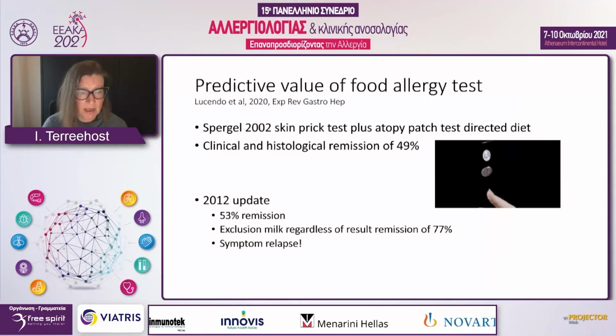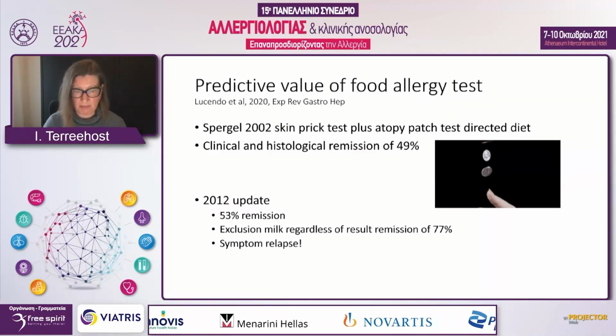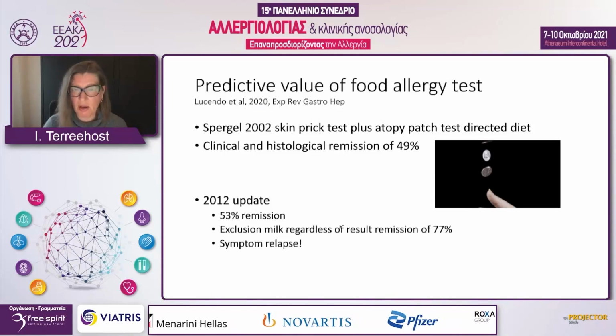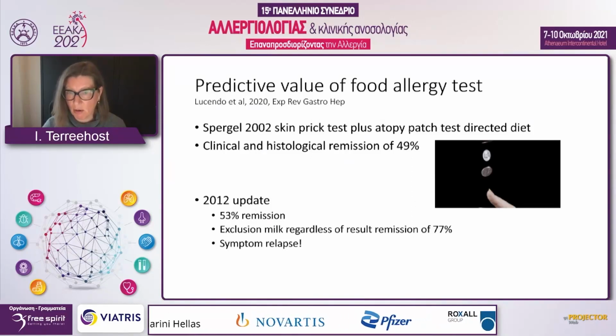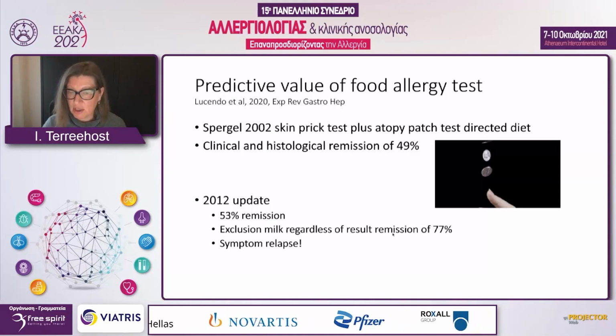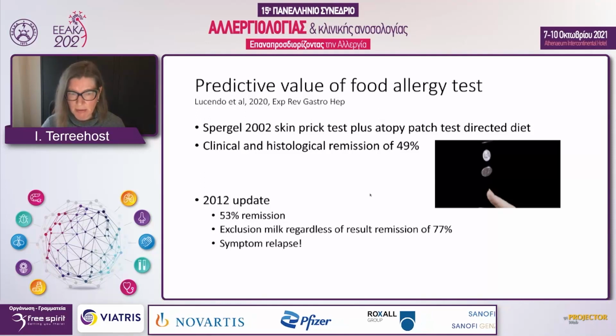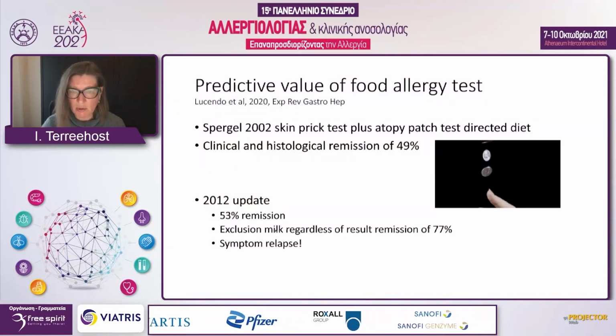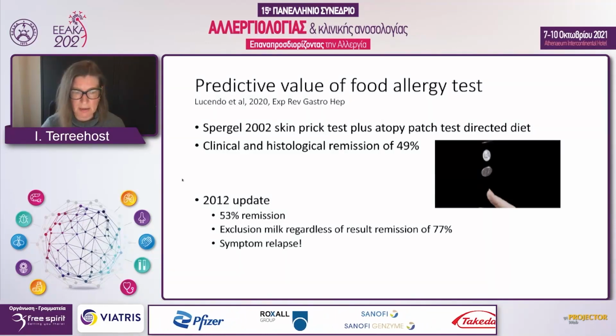He did an update in 2012, where he reached a 53% remission. But, and that's a very big but, when he excluded milk, regardless of the result of the skin test or the atopy patch test, he achieved a remission rate of 77%. So apparently, at least the tests for milk do not give a good prediction for the result of a diet.